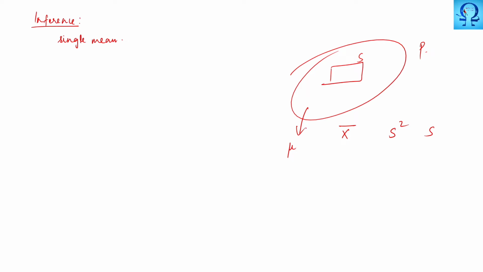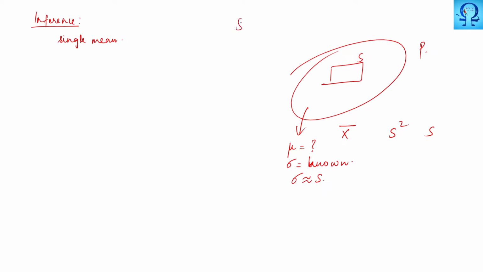Whether, with the sample that we have taken, we can say anything about the population mean, provided the population standard deviation is known. If it is unknown, we just approximate it by the sample standard deviation. And what is the size of the sample that we have taken?